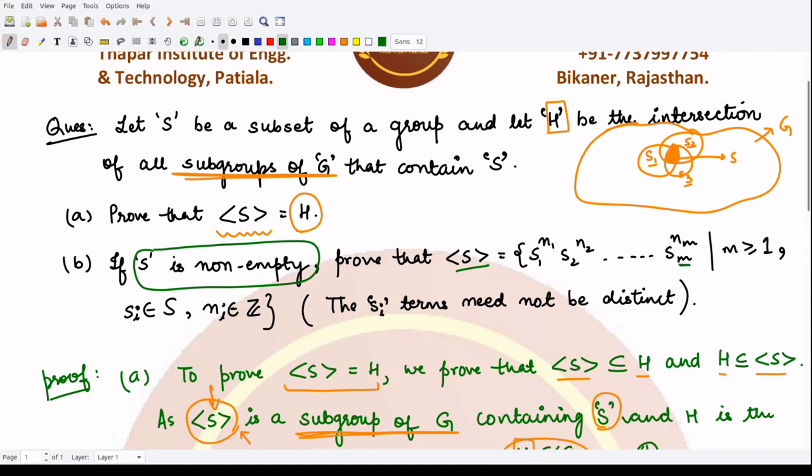Now what is this m? It could either be 1 or greater than 1, and all these small si's are taken from this given subset S of G, and all the powers are integers. This is what we have.